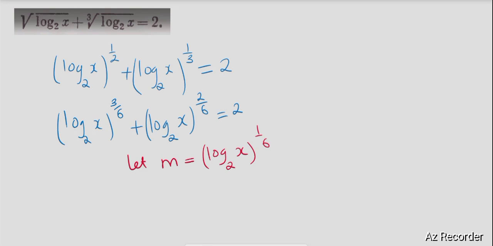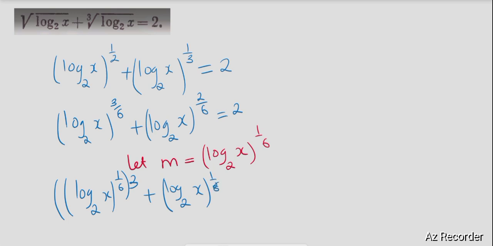And so if we do this substitution and rewrite the equation above, it's actually going to be logarithm to base 2 x, 1 over 6, with a 3 outside, and then plus logarithm to base 2 x, 1 over 6, with a 2 outside, which is equals to 2.